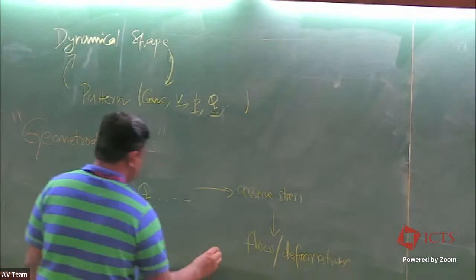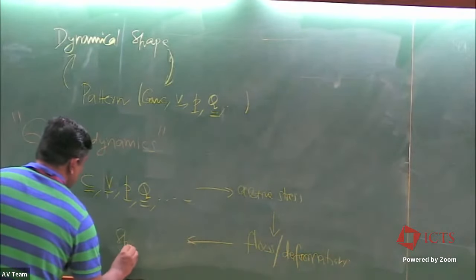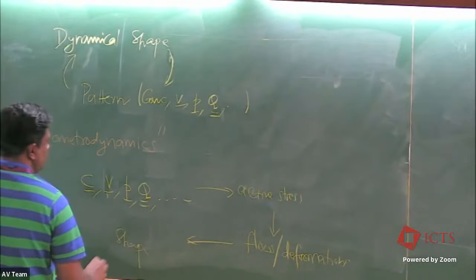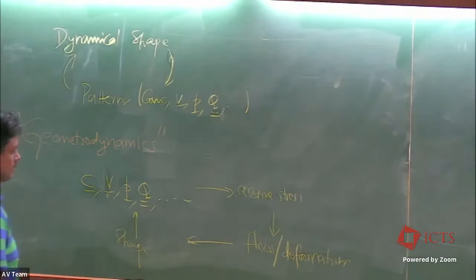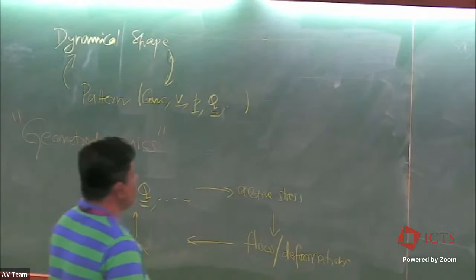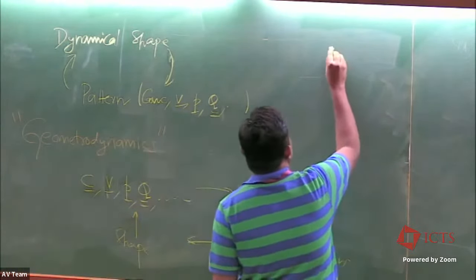Flows and deformations change shape. Shapes will affect the kind of patterns. So you would really like to understand what are the minimalistic kind of couplings, minimalistic kind of theories, which will probably give you some understanding of the kind of shapes. Simplest pictures that you can think about, and this is something people have been working on.